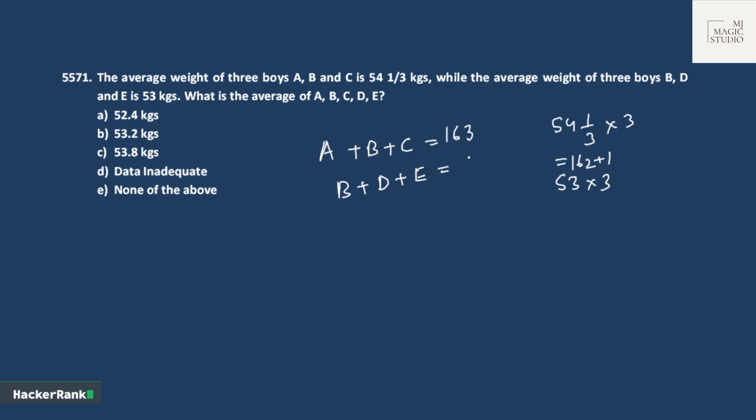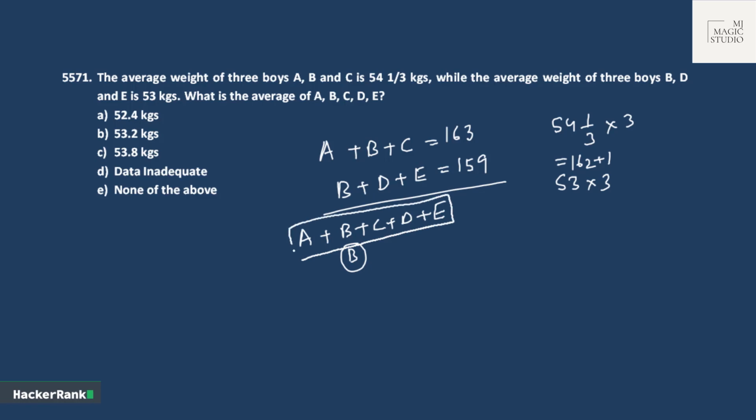So it would be 53 into 3, 159. Now if I add them up, I'll get A plus B plus C plus D plus E, and I'm getting B twice. Now what is the average of A, B, C, D, E? I cannot find the average of A, B, C, D, E because I don't know the value of B. Data is not adequate enough to give me the answer. I'll mark option D.